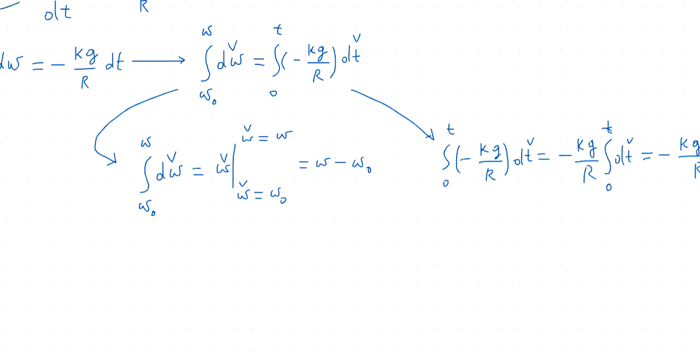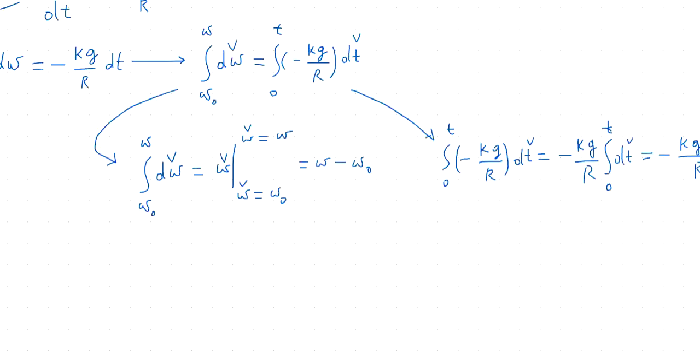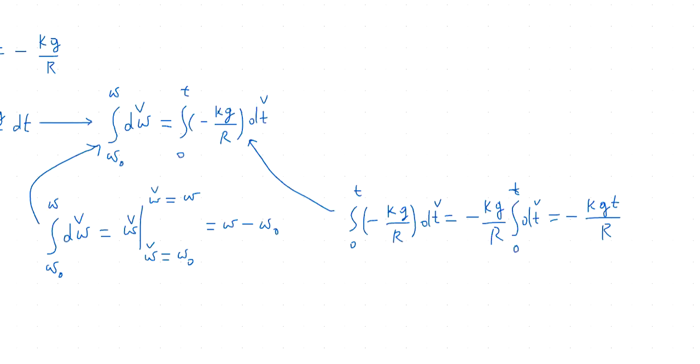Okay, so if we calculated these integrals, we can substitute them into our differential equation, and after substitution we will obtain that omega minus omega 0 is equal to minus k g t divided by r.